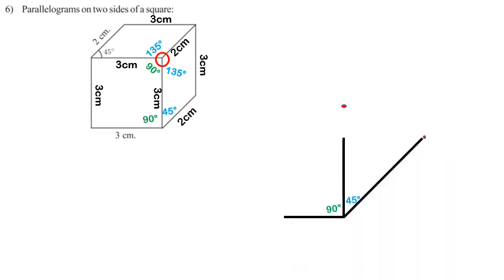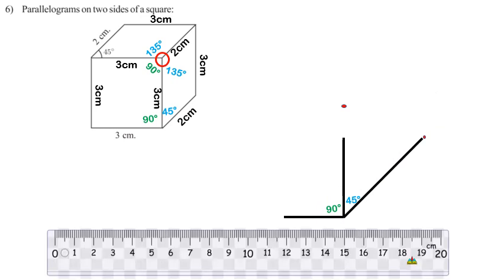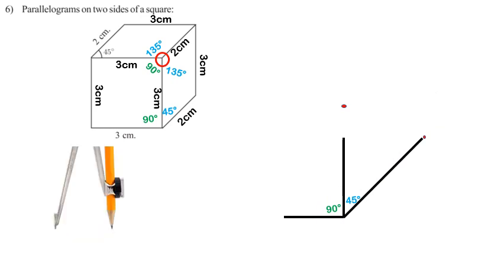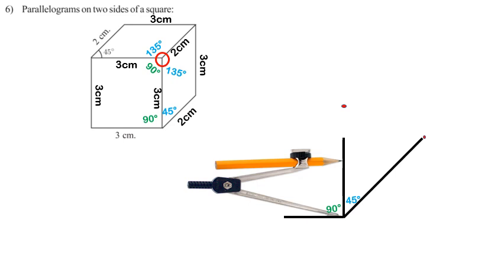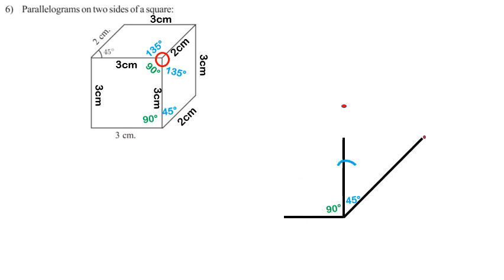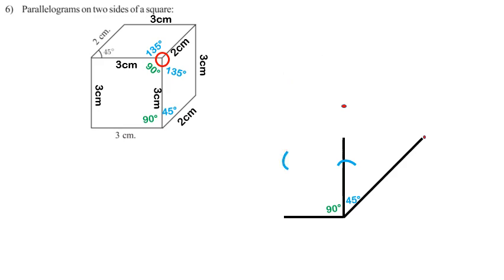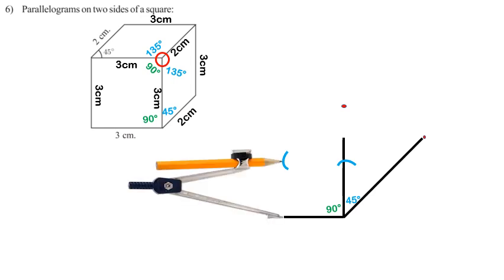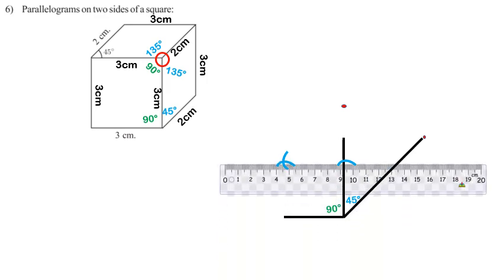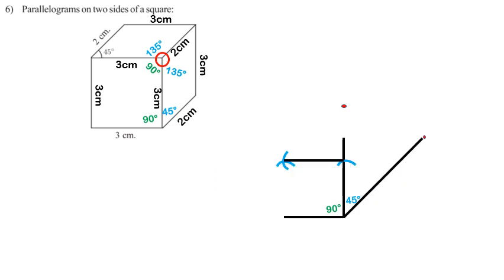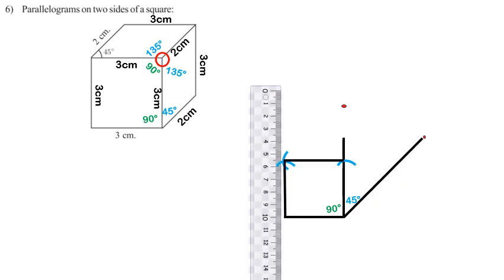Then take 3 cm in our compass and draw an arc on the vertical line. Then keep this point as center and draw another arc to the left side. And again draw another arc from the left end of the horizontal line, intersecting the first arc like this. Then join these points and complete the sides of the square.